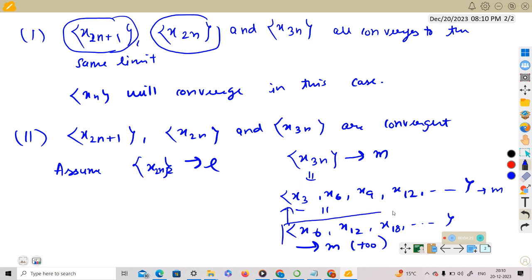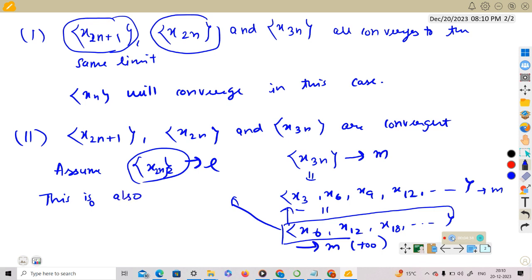Note that this sequence is also a subsequence of x2n, as these are all even terms.